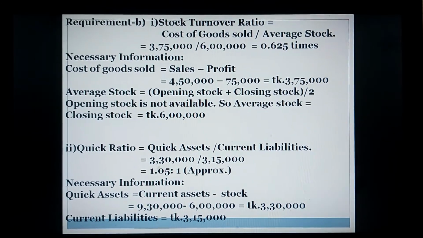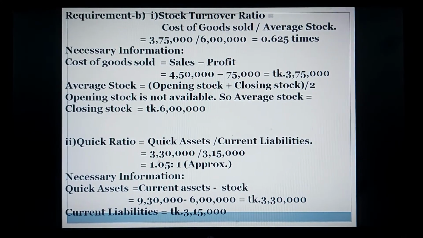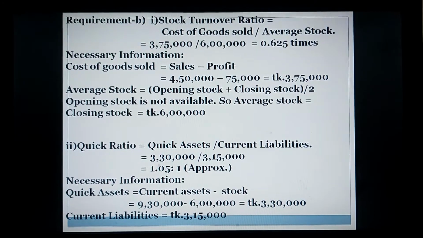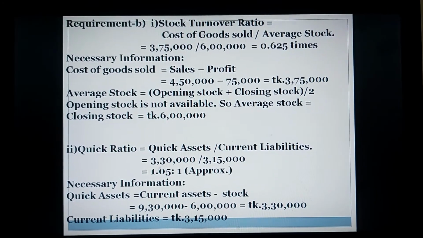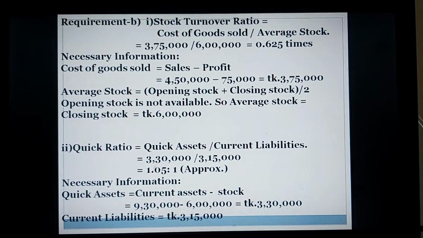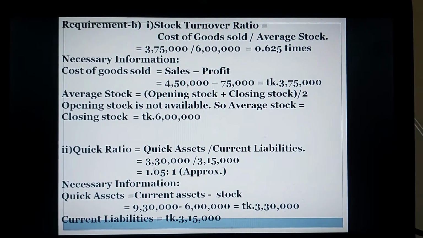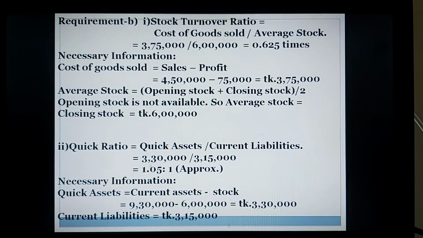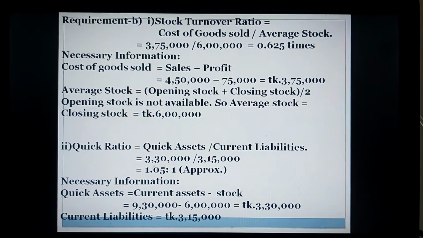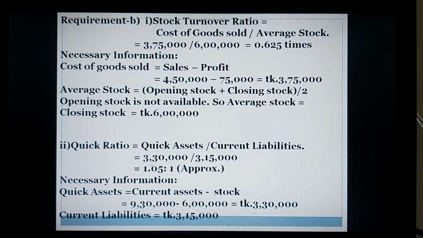Dear students, I think you have written in your accounting copy requirement A and B from question number 2 from your accounting learning workbook. Now I can go to requirement C for computing net profit ratio and working capital ratio.